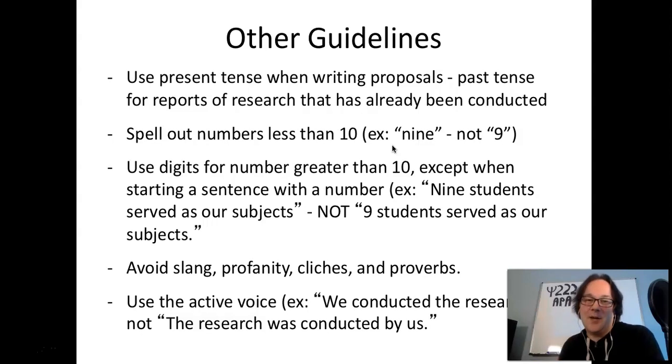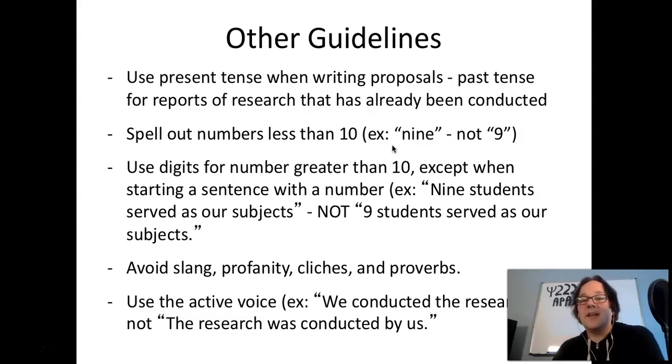This is an example of one of those I before E except after C type rules that you find in APA guidelines here and there. When we're starting a sentence, we will always spell out the number, even if it's a big one. If it's beginning a sentence, it gets spelled out.